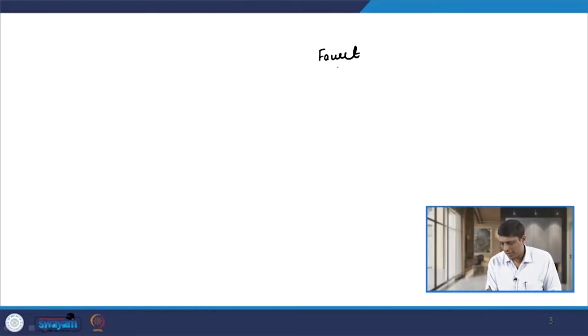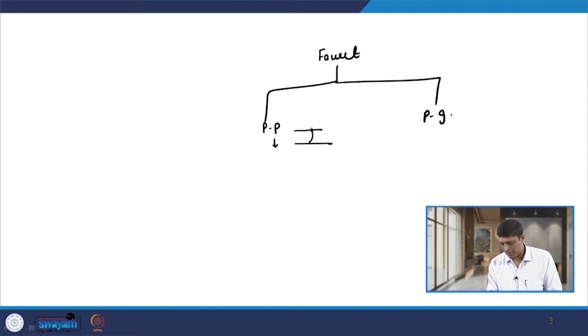This is basically due to the involvement of the fault resistance in the earth circuit that involves the arc resistance. So, if I consider just the fault current, then we have a phase to phase fault and a phase to ground fault. Whenever a phase to phase fault occurs, when two conductors touch, there is only an arc known as a power arc.